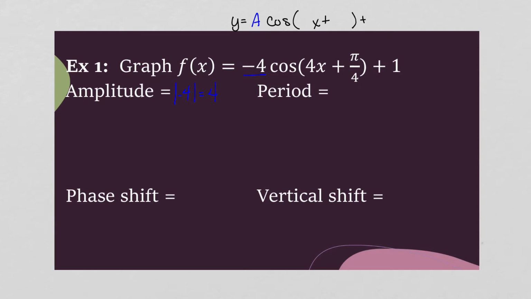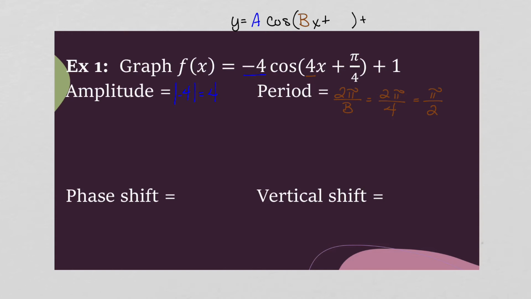The next, the period. So the period is found by using the formula 2 pi over b. And b in this particular function is 4. So reduce that, and we have that our period is pi over 2.